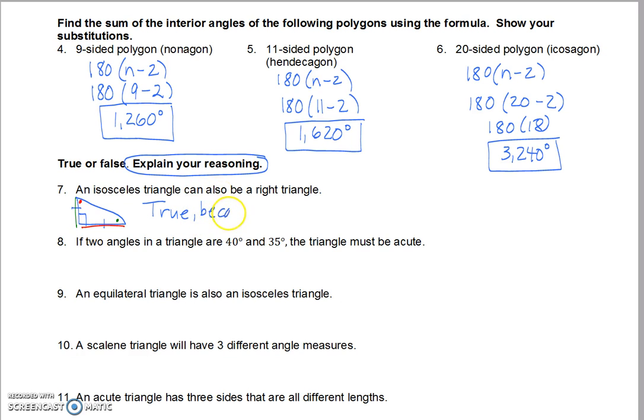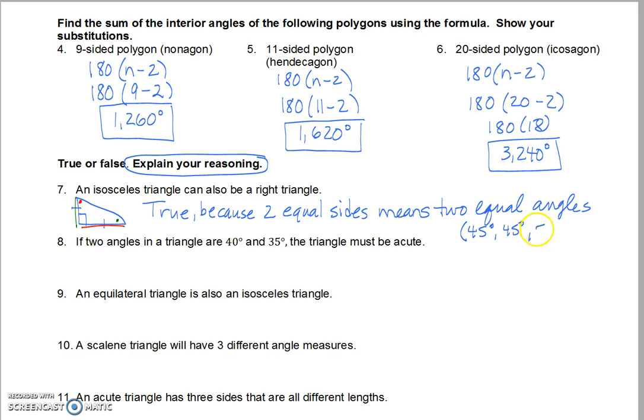True, because two equal sides means two equal angles. And in a right triangle, that would be 45 degrees, 45 degrees, and 90 degrees. Oh boy.